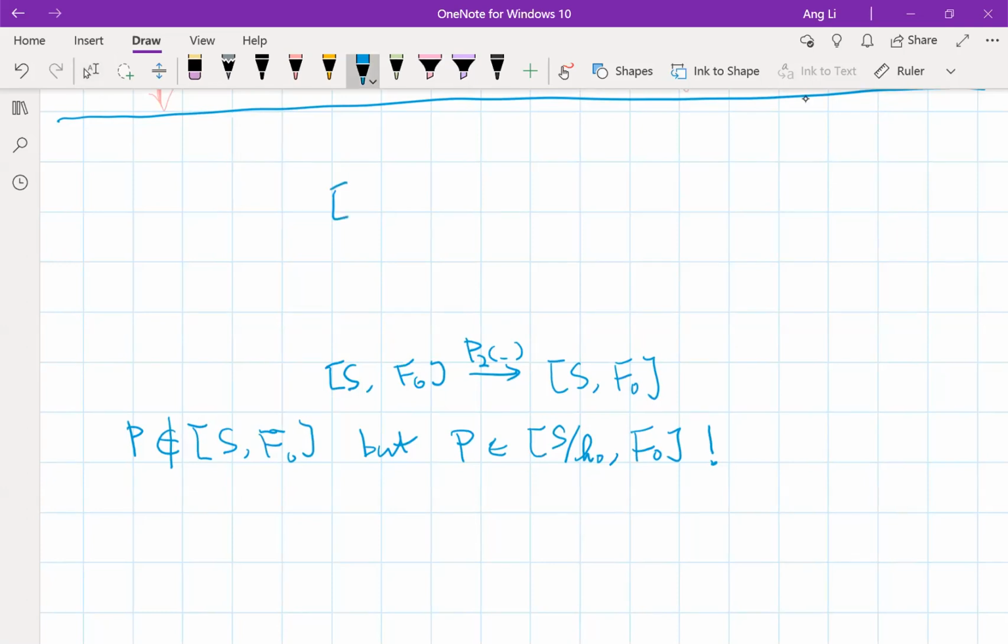So let's put it in our diagram. And the vertical map is exactly induced by the cofiber. So now I can put multiply by P here. All right, and now P can be considered as a self-map on S mod H0, so I can extend this thing to make it a long exact sequence.